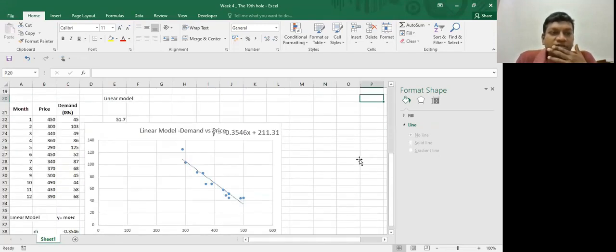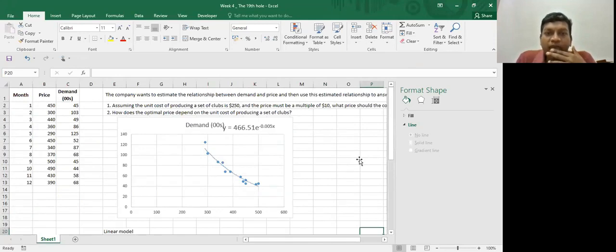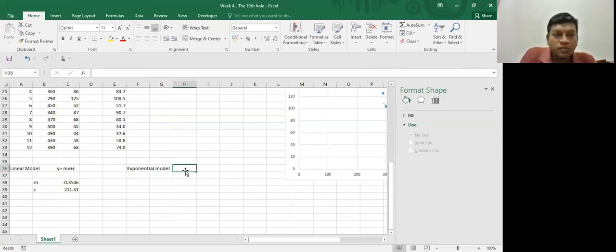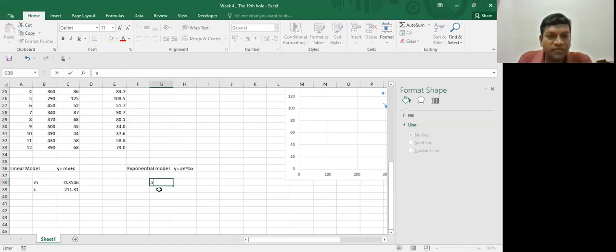Fine. So you have the exponential model now. So exponential is of the form y is equal to a e raised to bx. So we have a value of a here, we have a value of b here.